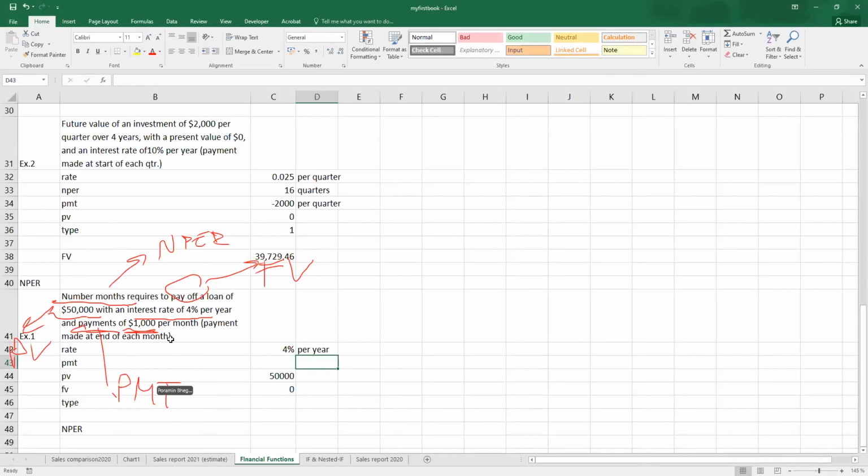We pay 1,000 per month. But PMT here, when you pay out, must be negative. So you pay out 1,000. And the words per month here make us know that we have to change this interest rate to be the interest rate per month first. In order to change the interest rate to be per month, you have to divide the interest rate per year by 12, so that it can be the interest rate per month. Everyone just have a look at my screen for the interest rate here.